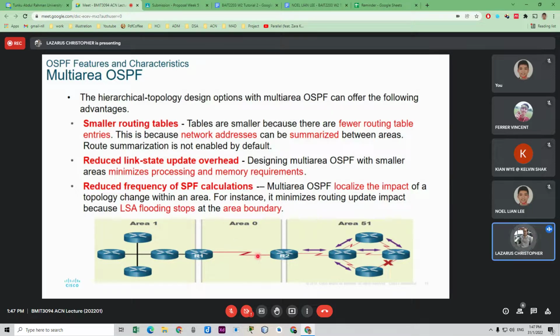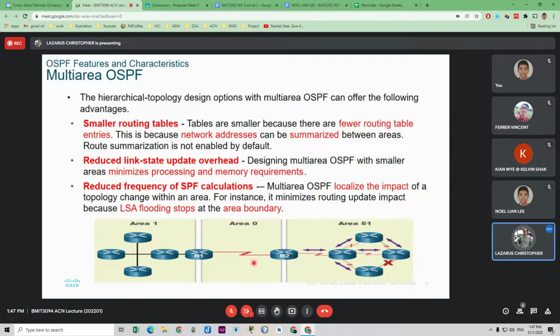Let's say area zero is my original main head office. Then I open a branch, area one, so I create another area for my other branch. Then I open another branch, and area 51 is my other branch, for example. This is when we start with one single area.